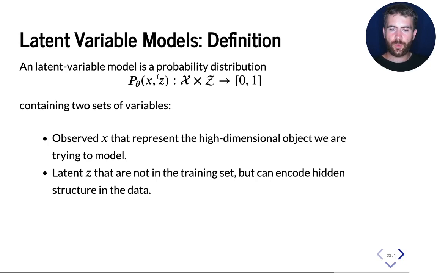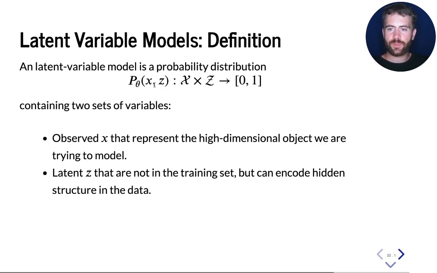And it assigns a probability to each joint assignment of x and z. The x here are the same data points that we have worked with so far. These are the high dimensional, multi-dimensional objects that we are trying to model. And z are interesting aspects of structure which are not in the training set, but that are useful and that we're going to try to learn from data.